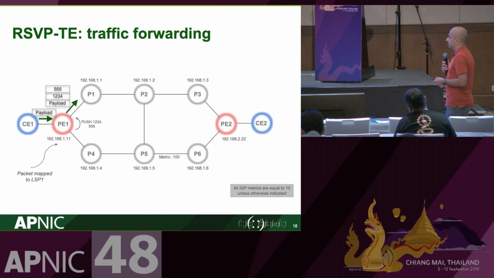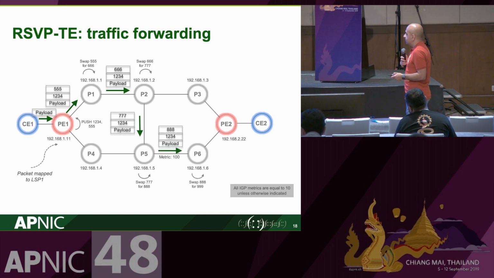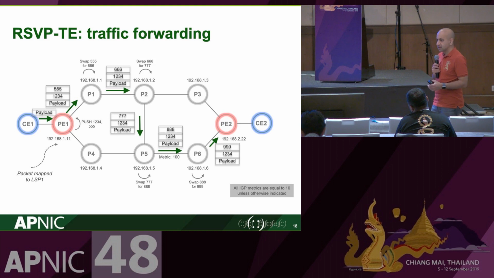Put it on, get swapped here for 666, 777. So in terms of the flow of MPLS information and how packets are forwarded, it doesn't change whether it's RSVP-TE or LDP. The key factor here is the signaling involved in setting up these tunnels, okay? But the operation, the data plane part of it, is exactly the same.